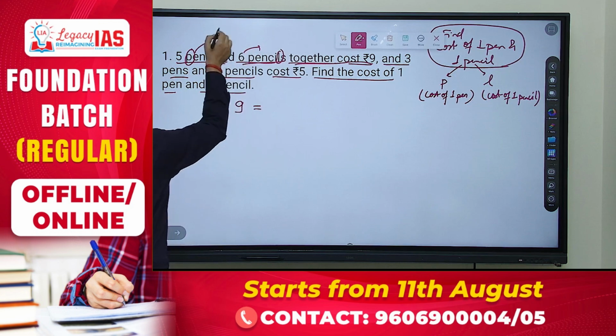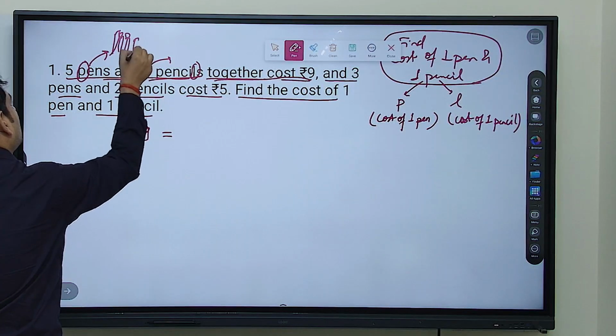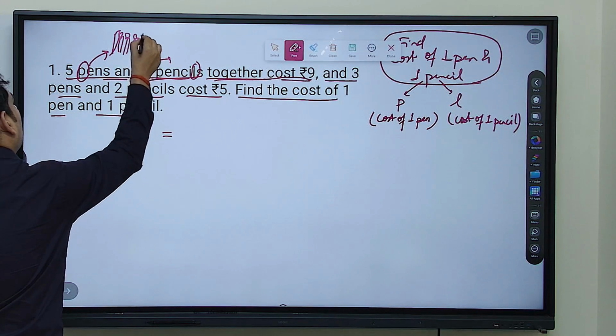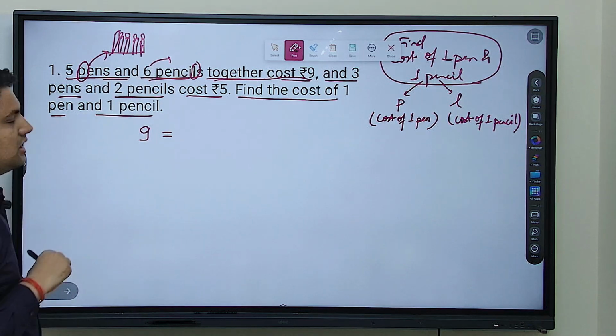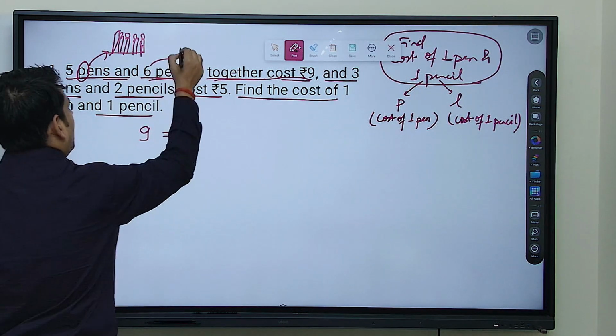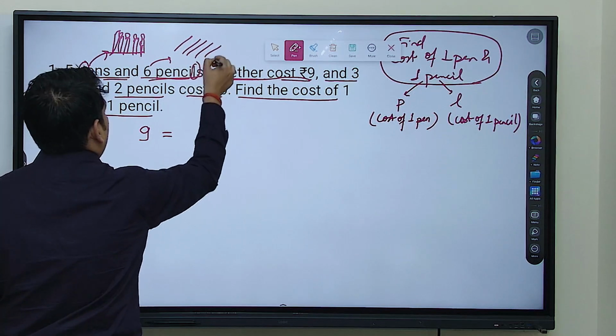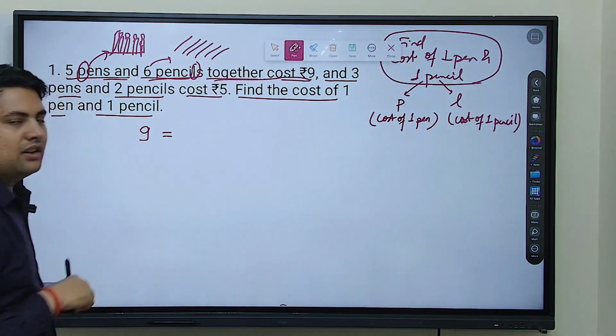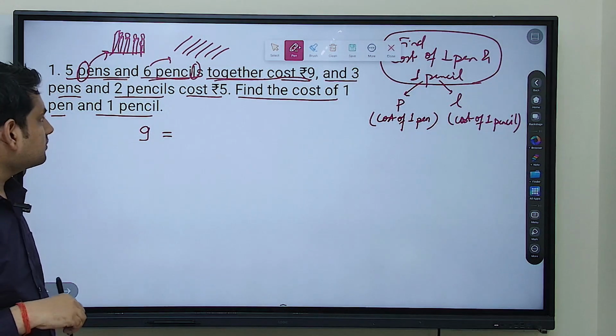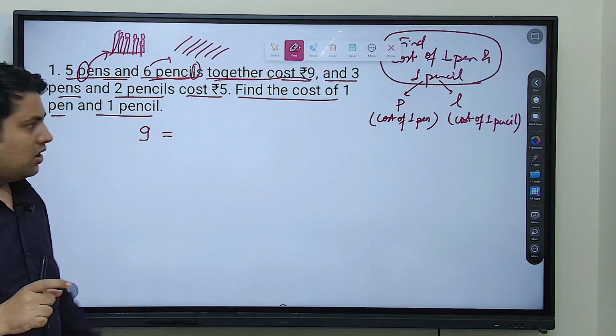That means this boy bought, let's say these are pens, 5 pens like this, and he bought 6 pencils like this.